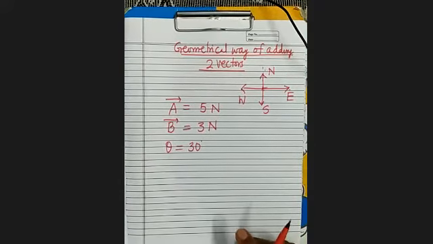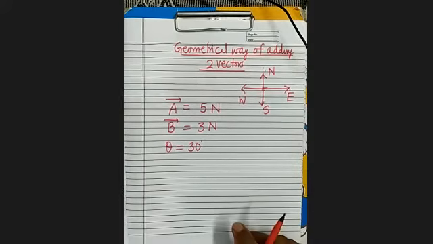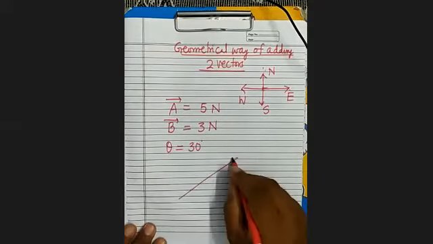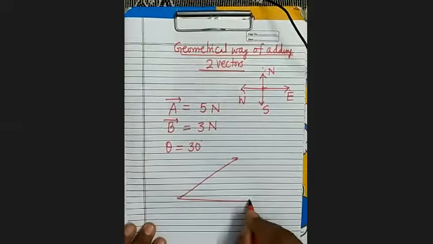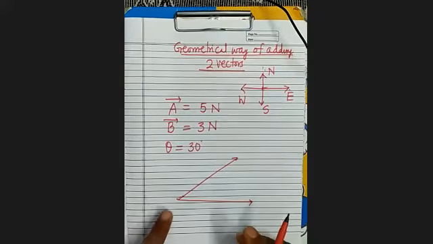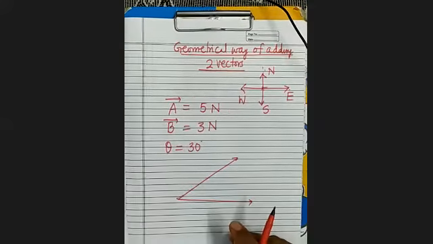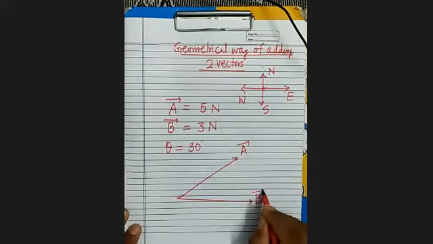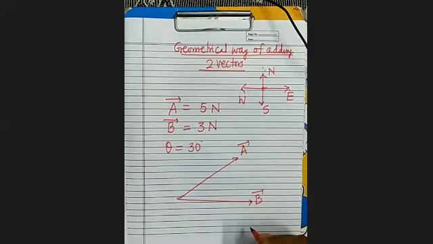Now see here, what does 30 degree mean here? We should know the meaning of 30 degree here. It means that if we draw both the vectors coincidentally, coincidentally means with the same starting point, it's clear?